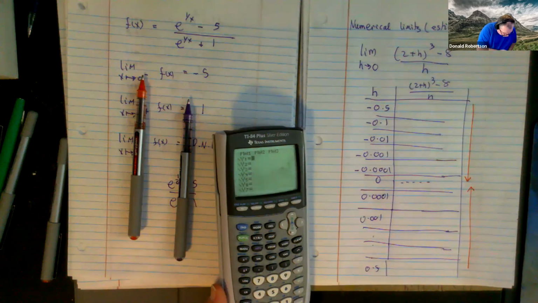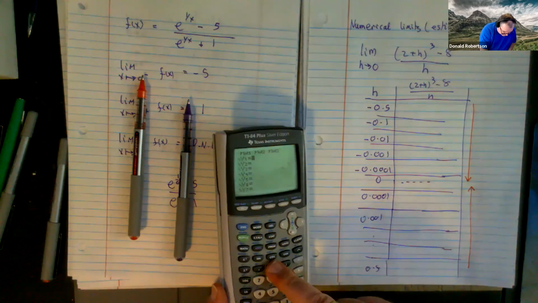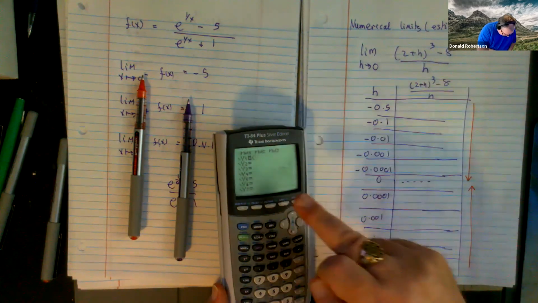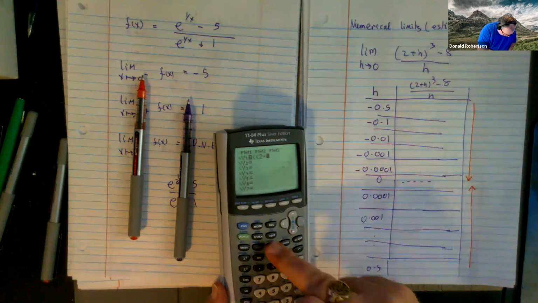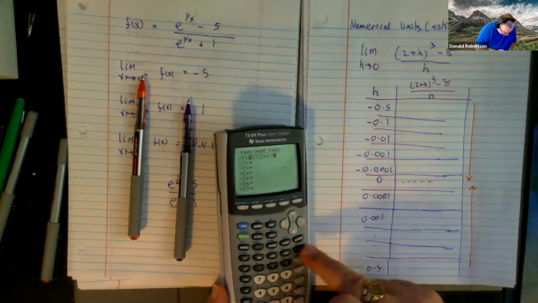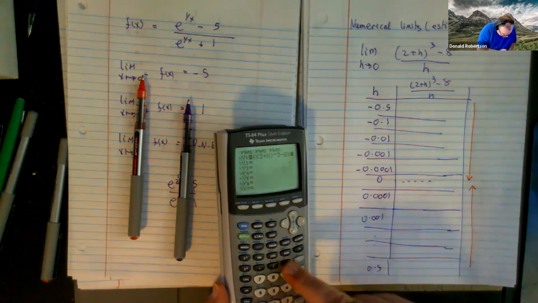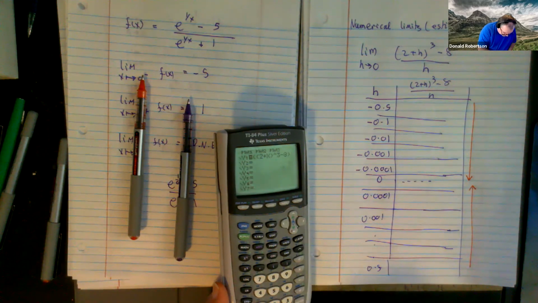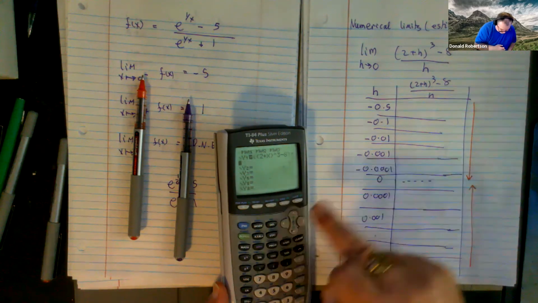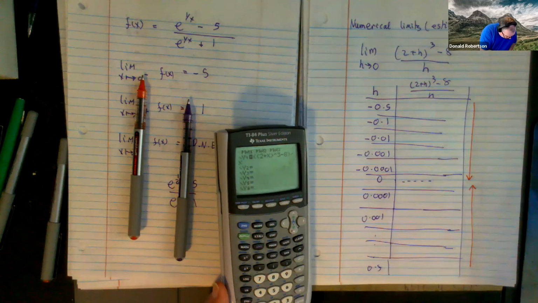So I'm going to go bracket. I need a bracket, and I also want to do another bracket, and I'm going to call it 2 plus x cubed. Subtract 8. Then I can close that bracket. Then I'll divide, and on the bottom I'll just put x. And then I'll do my table setup.